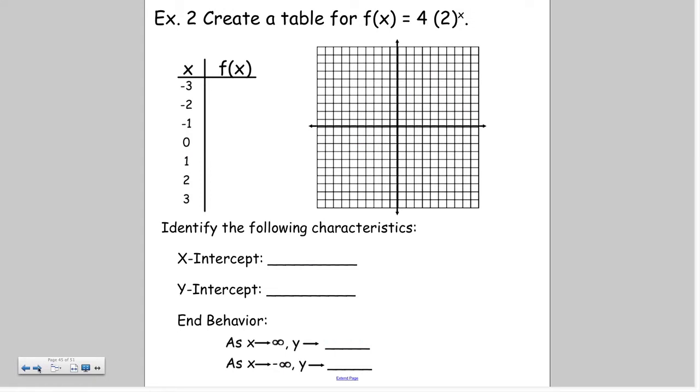So this time I'm still going to start with my t-chart to get my ordered pairs. And remember, when you put the original function in your calculator, make sure it's 4, then the 2, then the exponent of x. So I'm going to graph them, plot my points.